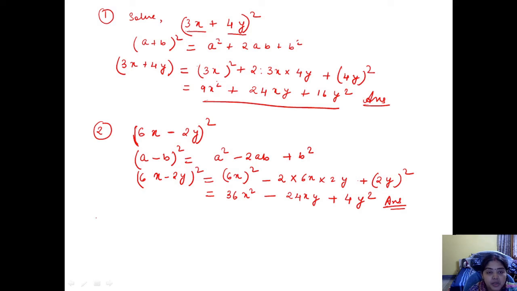For example, suppose you have been given an equation saying simplify. Okay, what you have to simplify? For example, 4x plus, suppose 8 I'm taking, is equal to 16.